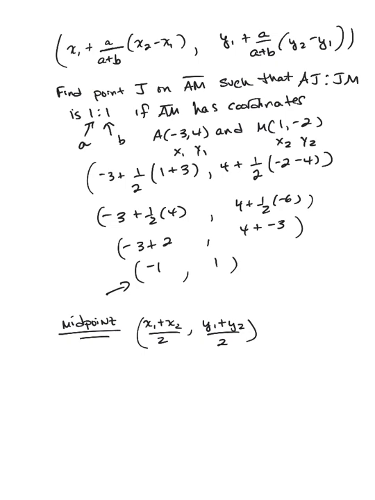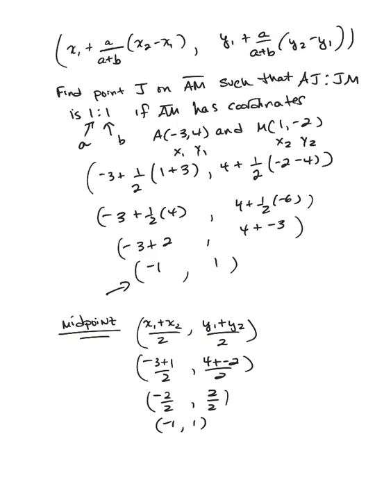So if I take my x values, -3 and 1, and average them, I end up getting -1, like I already got above. If I take the y values and average them, I end up getting 2 over 2, or just 1. So you get the same answer.